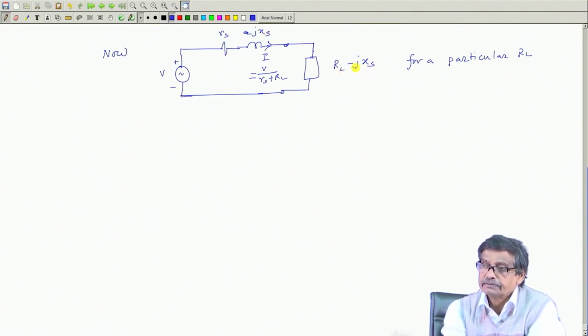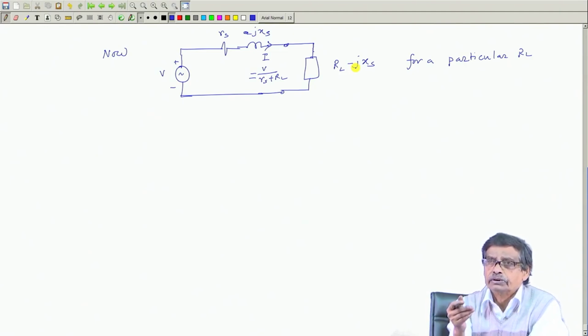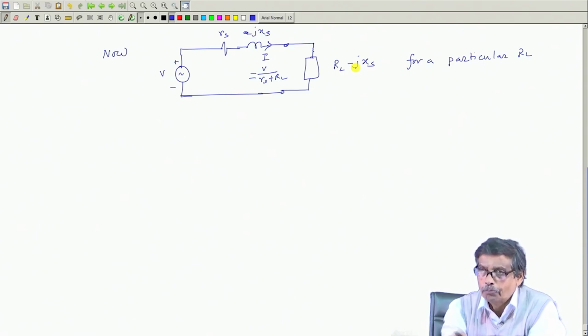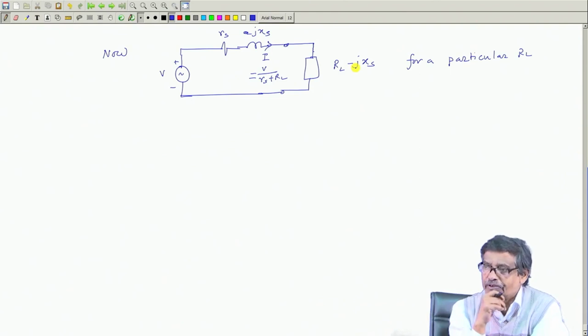JXS is fixed. If somebody chooses RL equal to 8 ohms, then also he will say maximum power will take place when XL equal to minus XS. Of course, the level of these two powers will be different, that is a different issue.